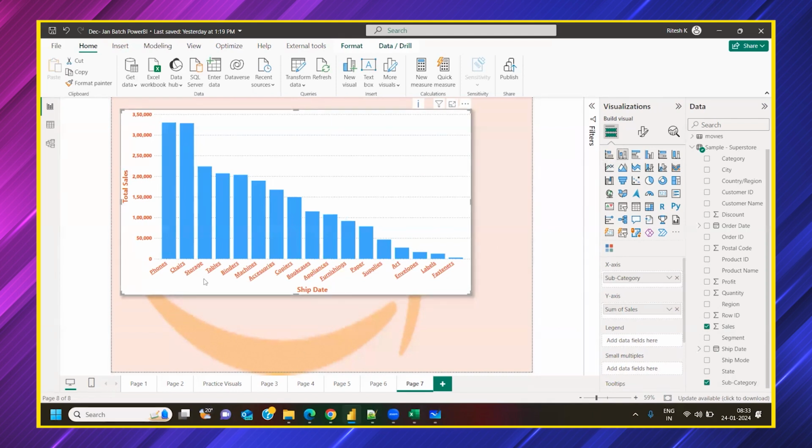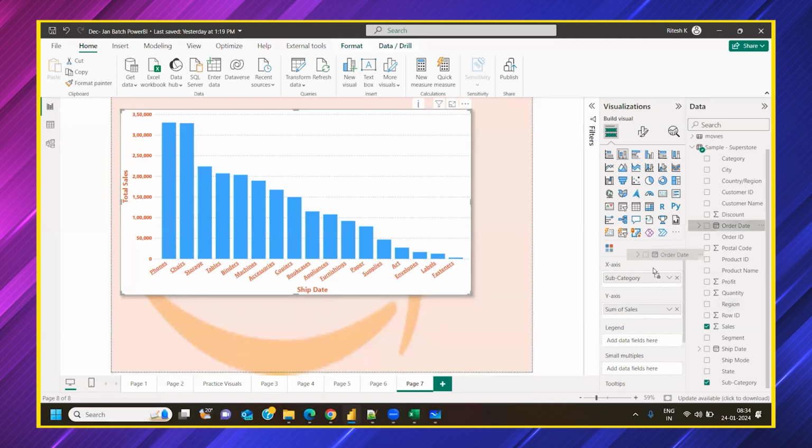Why? Because there is nothing related to date. This will be more readable and more understandable, since the value on the x-axis is a pure categorical value, not a date value.